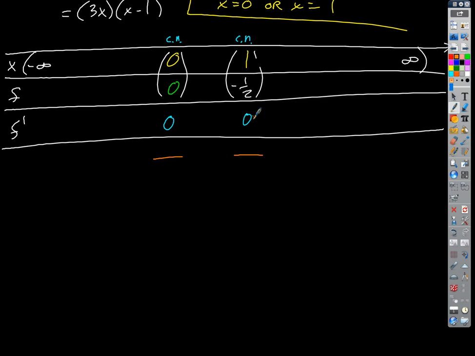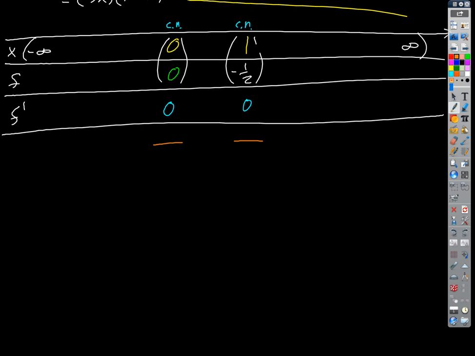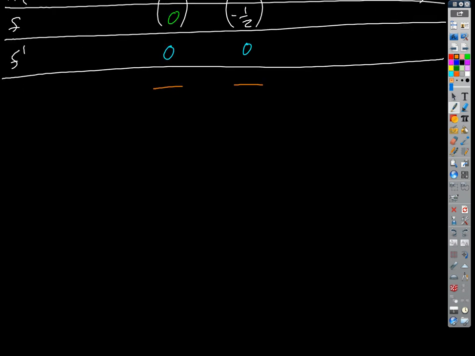What could the function do around those horizontal tangents? If I were to sketch this, and here's my horizontal tangent there, and here's my horizontal tangent there, there's a number of things that could happen. It could be doing this, or it could be doing this.